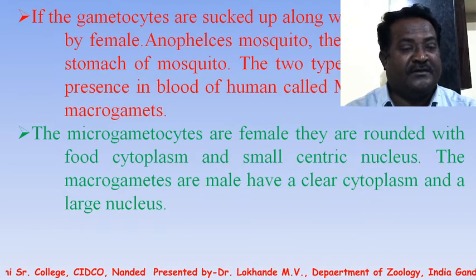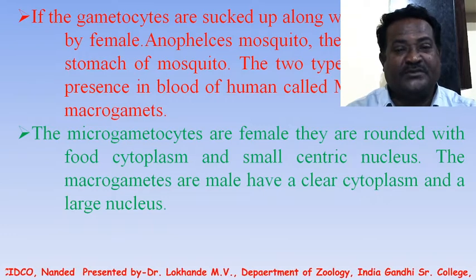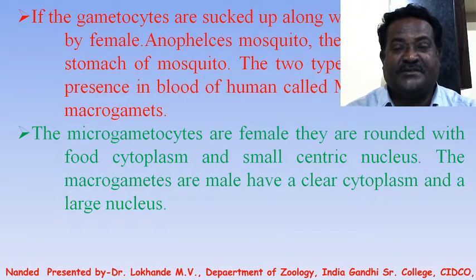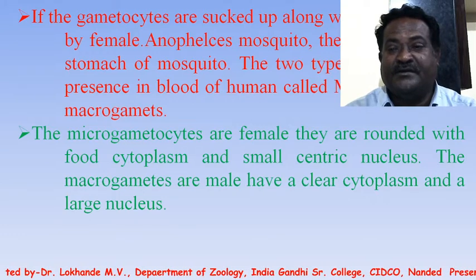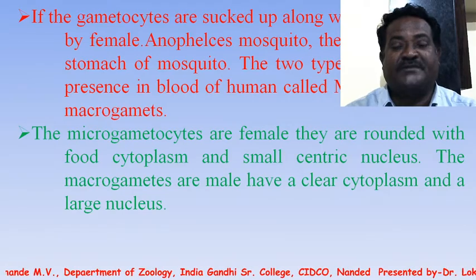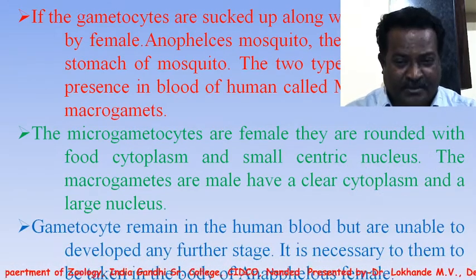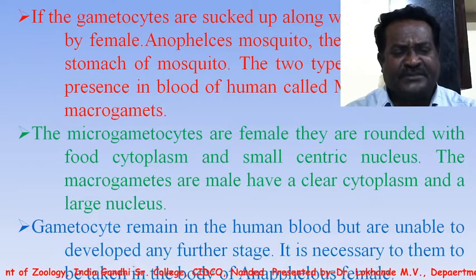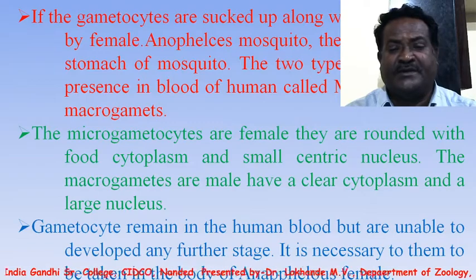You know that the food of the mosquito is blood, so that's why these two gametes are present in the blood. When the blood is sucked from the human by the Anopheles mosquito, these two gametes come into the stomach of the mosquito.